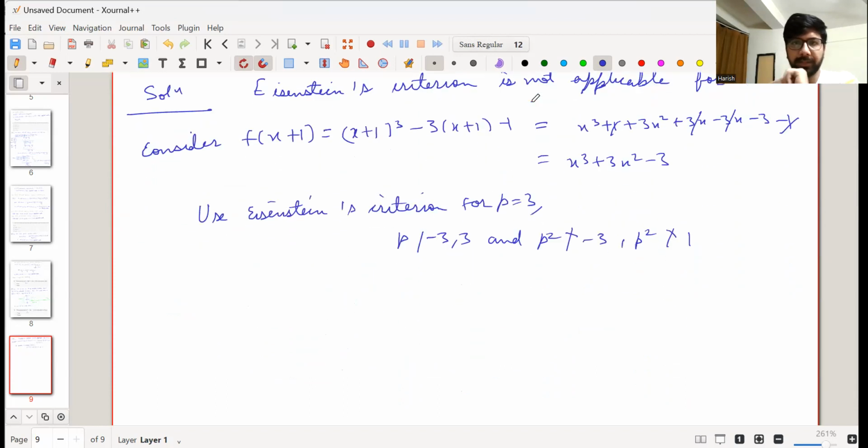So this implies f(x+1) is irreducible. That will imply that f(x) is irreducible over ZX by Eisenstein criteria.